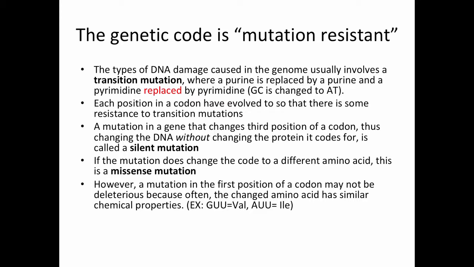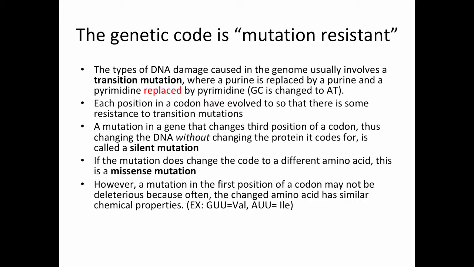Now, it's interesting because you would think that this would be very deleterious. It could really mess up the structure and the function of a protein. But again, the genetic code has sort of evolved to be able to handle some of these mutations that can cause a change in the sequence of the protein. So for example, if you have a mutation in the first position of a codon, it may be deleterious, or it may not be, because often that changed amino acid actually has similar properties.